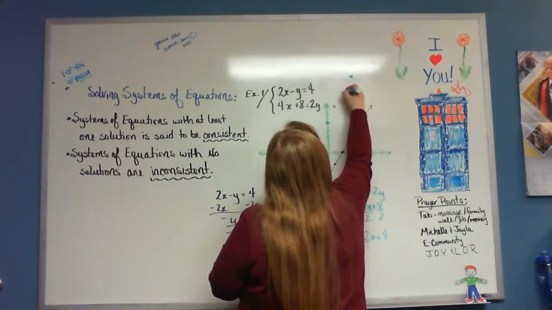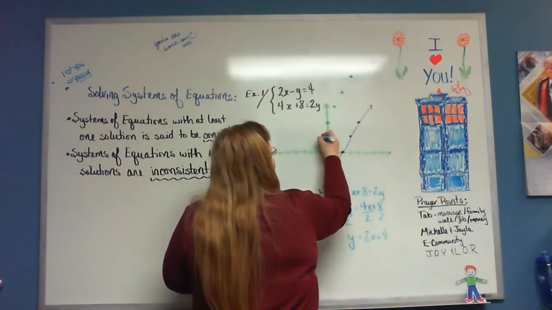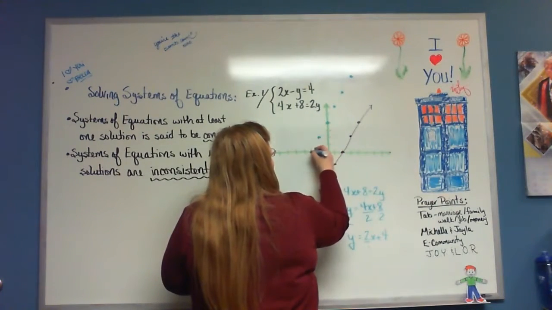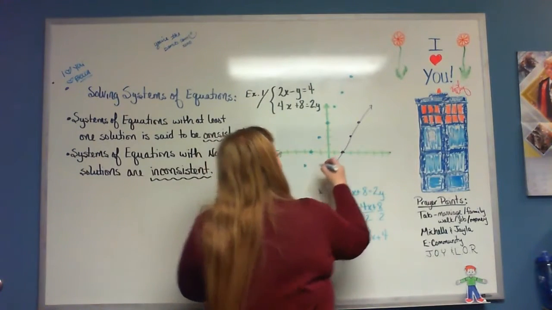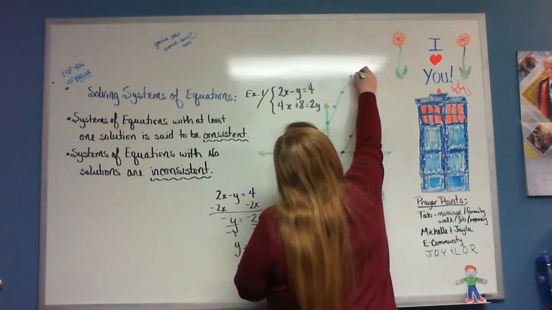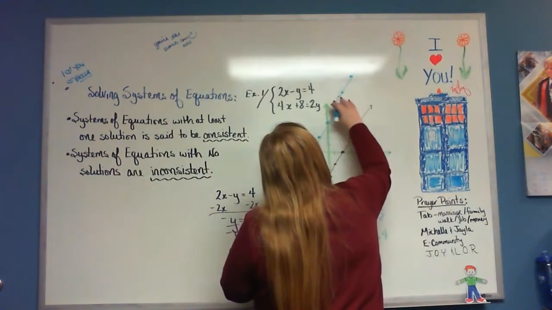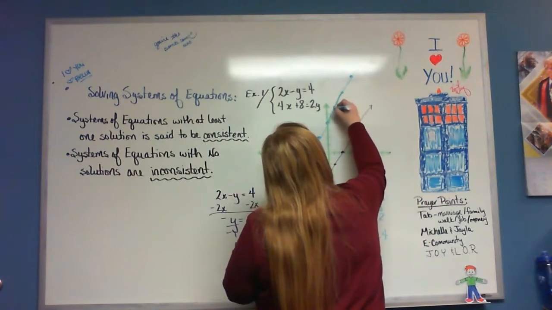Looks a little off. Even if I went down 2 and back 1, because I'm getting short. That's about what it looks like. My line dropped down.